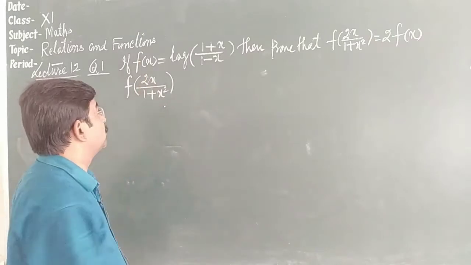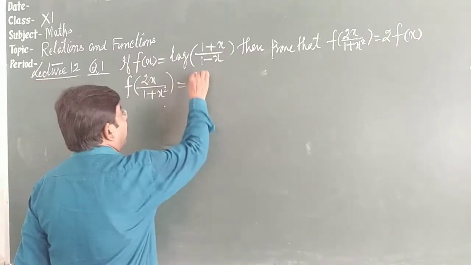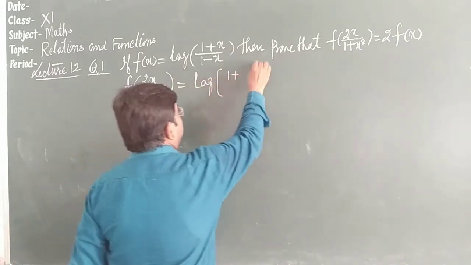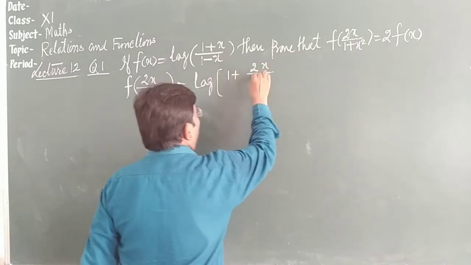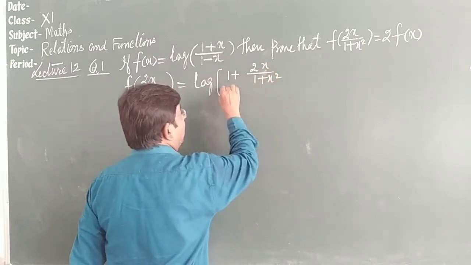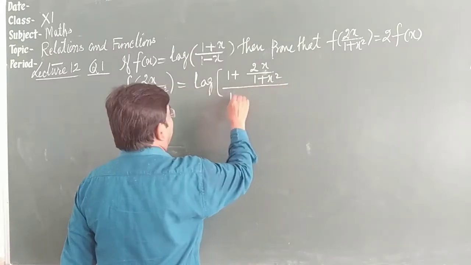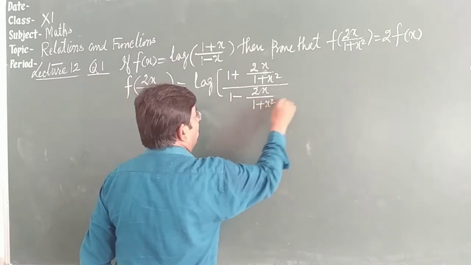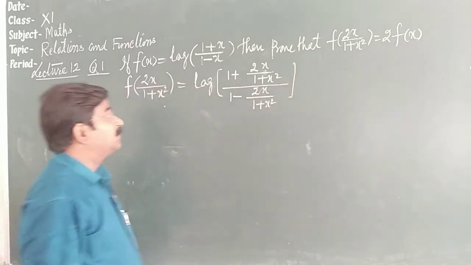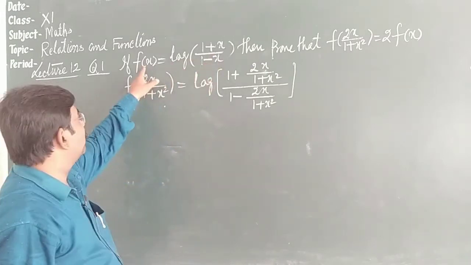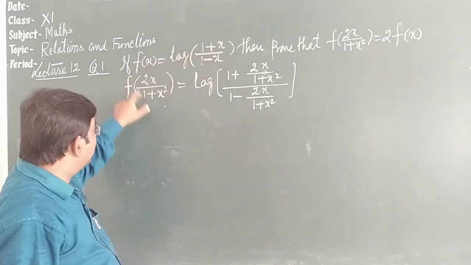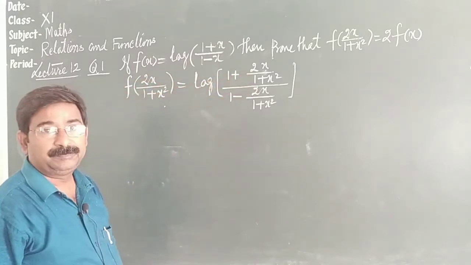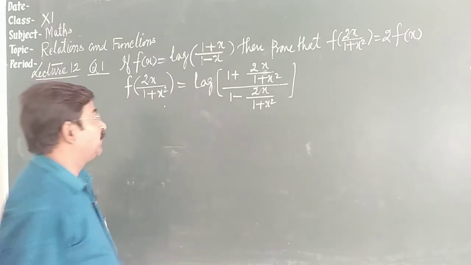So we can write log of (1 plus 2x upon 1 plus x square) upon (1 minus 2x upon 1 plus x square). Simply in place of x, we write this one. Got it? Now we have to simplify this.